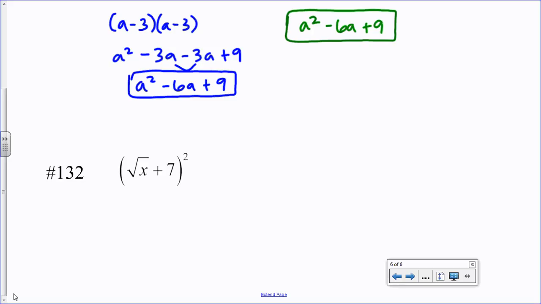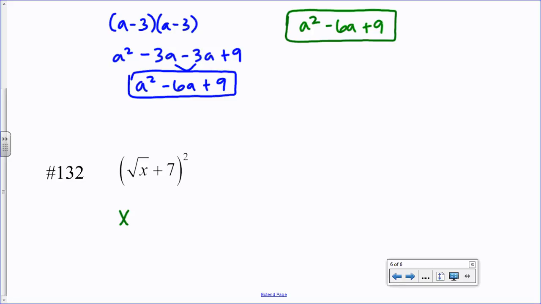All right, we're going to use this shortcut with this one. Square the first number. So square root of x squared is x.